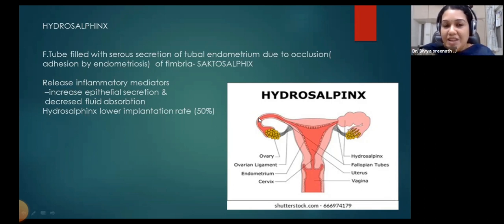So more fluid is secreted and less reabsorbed, and the fallopian tube becomes more tortuous and engorged. The main functions, like the pickup of the follicle and fertilization, all get blocked. It may be a reason for infertility also. Even after treatment of hydrosalpinx, the normal function of the tube regained is a little bit less, and there is more chance of ectopic pregnancy also, because it has lost its normal movement.